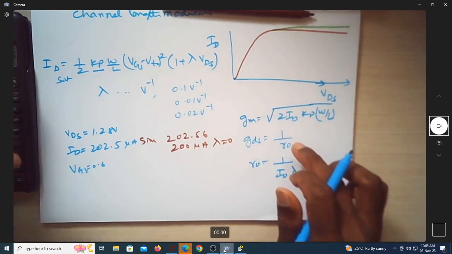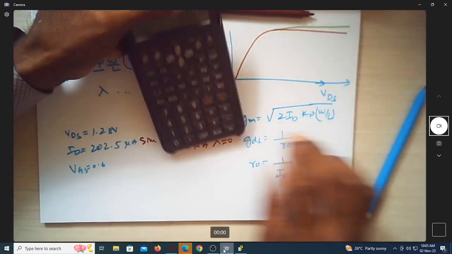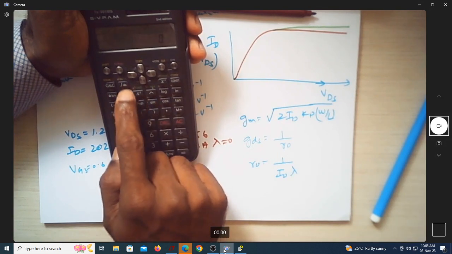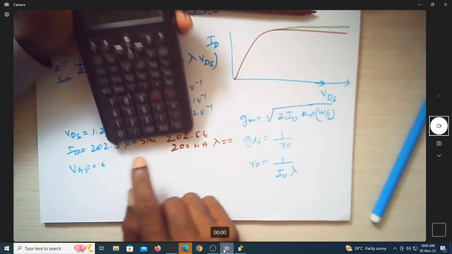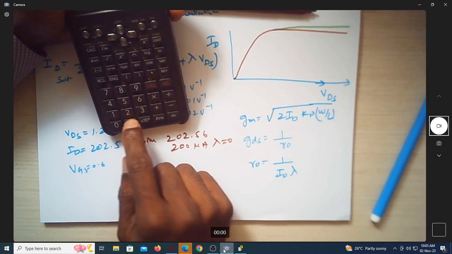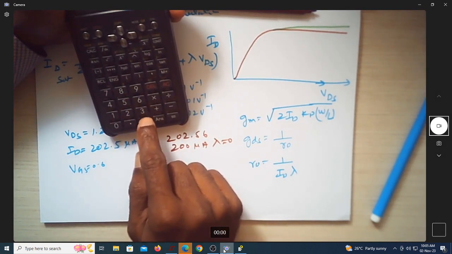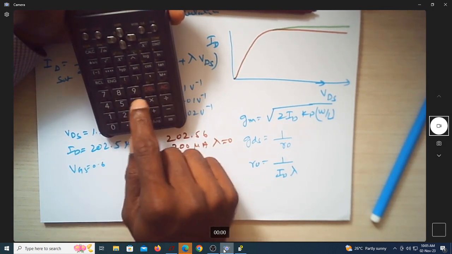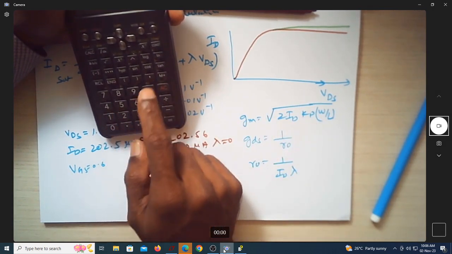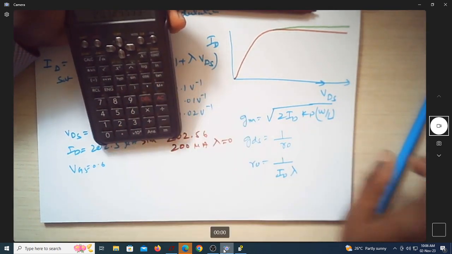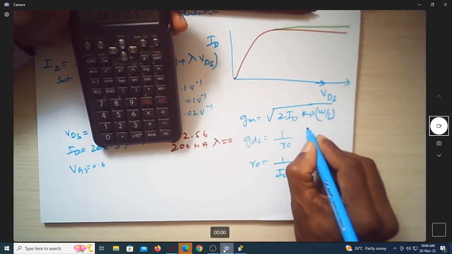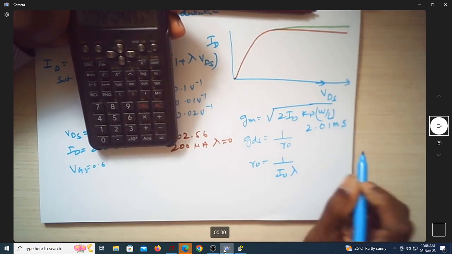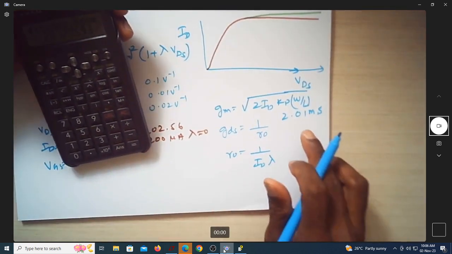Let us verify the theoretical values with the simulation result. If you substitute the parameters here, I have the square root of 2 into ID, which is 202.56 exponential minus 6, into Kp, which is 200 exponential minus 6, into W by L, which is 50. That gives 2.01 millisiemens. The unit of transconductance is Siemens.